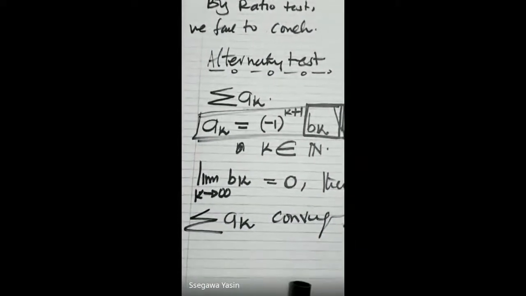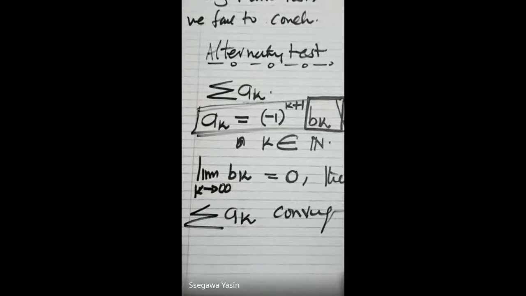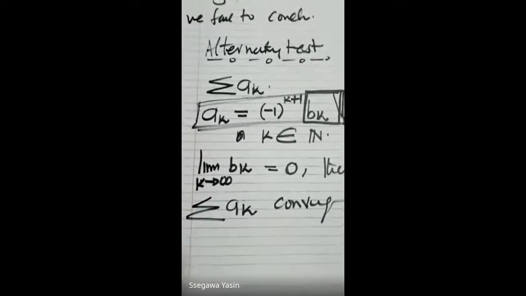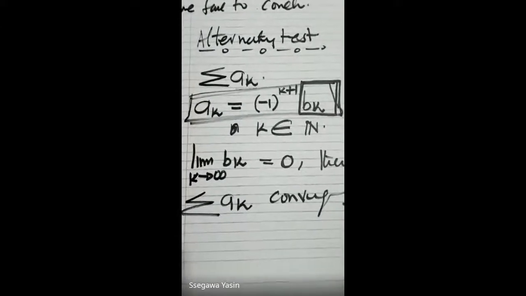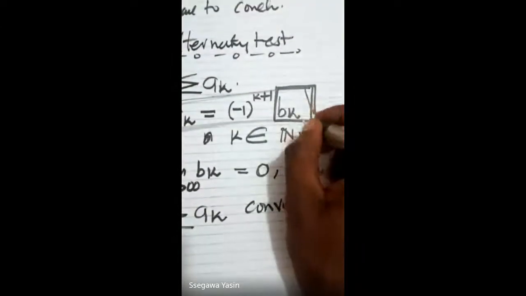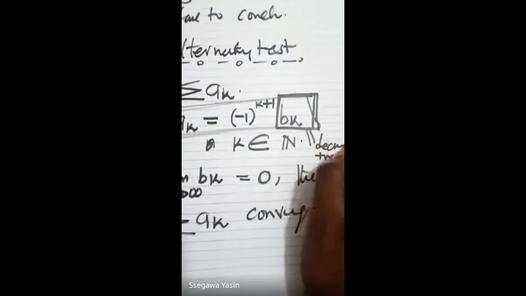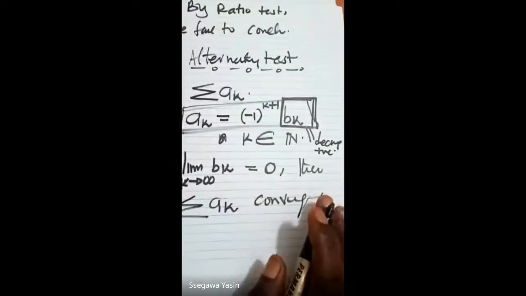Then, in addition to this, you'll find that most of these should be a decreasing sequence, and it should be positive. So also, I think you add it there. BK should be decreasing and positive. The one you pick, decreasing, then positive. So that one is a must.